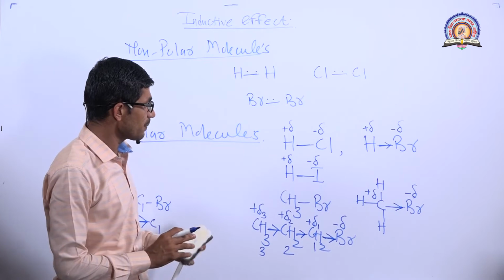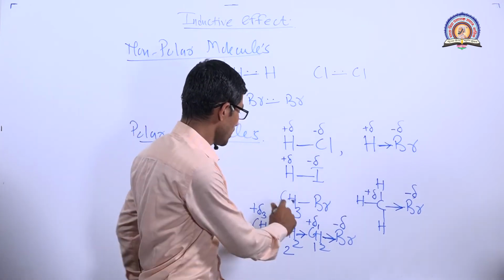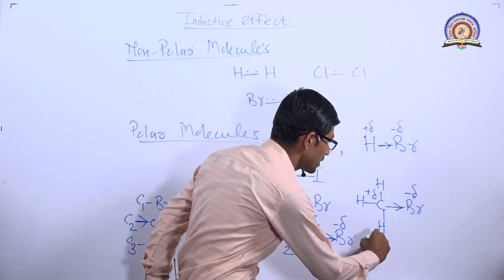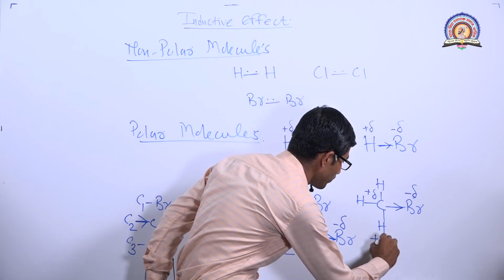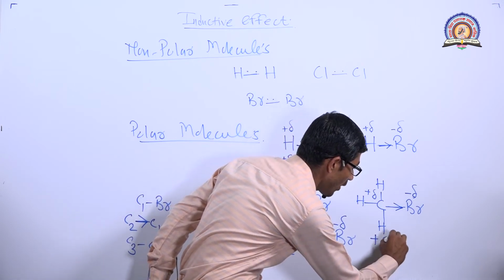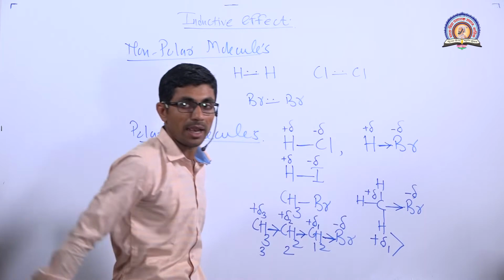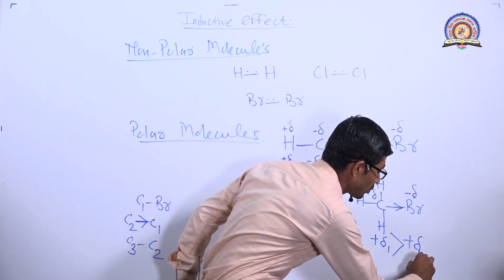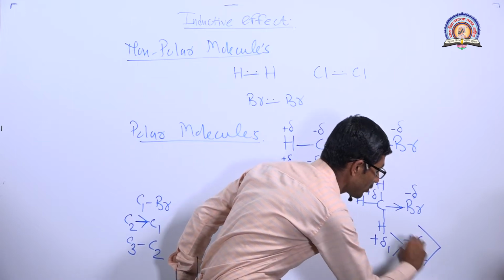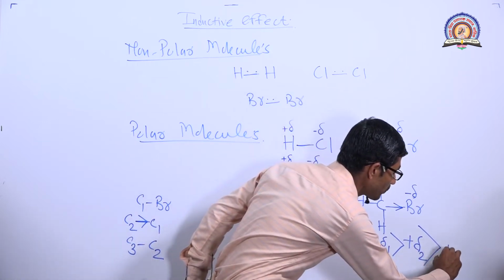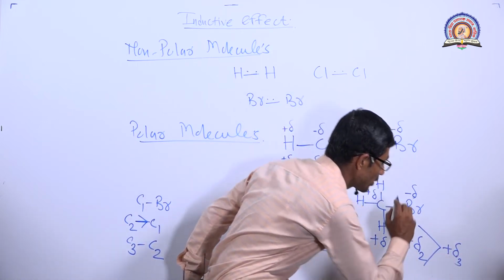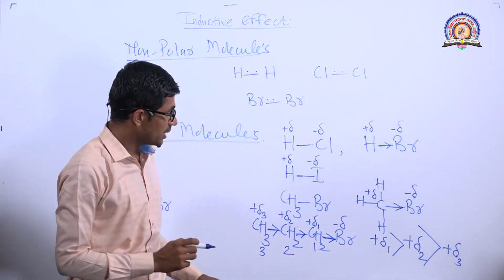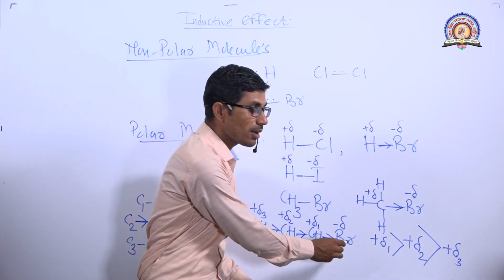So when you compare these charges, we can say that delta 1 has a higher magnitude as compared to delta 2, and delta 2 has a higher magnitude as compared to delta 3. So the C1-Br bond is polar.